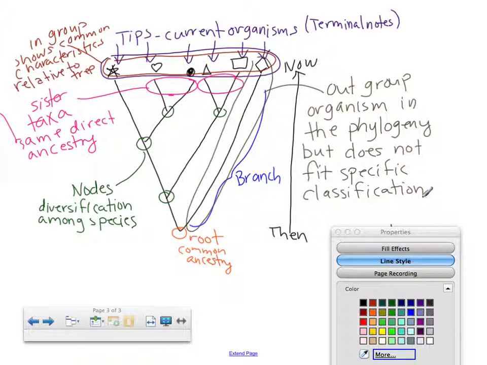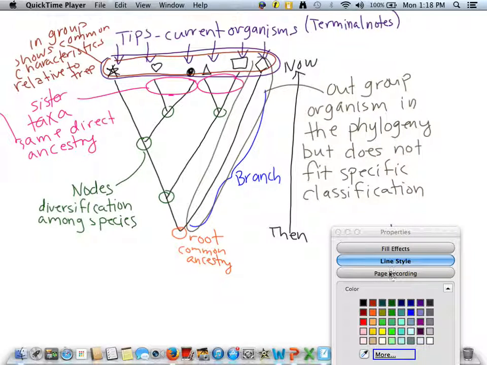They're related to the root, but there's no common characteristic amongst them all. So you might want to add that: related to the root, but no common characteristic amongst them all.